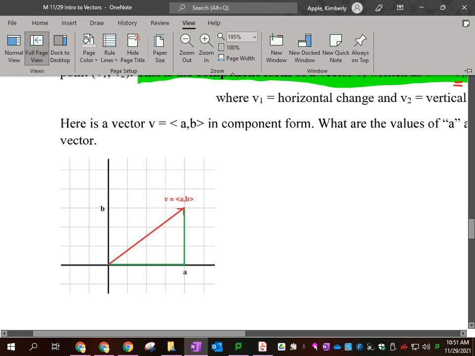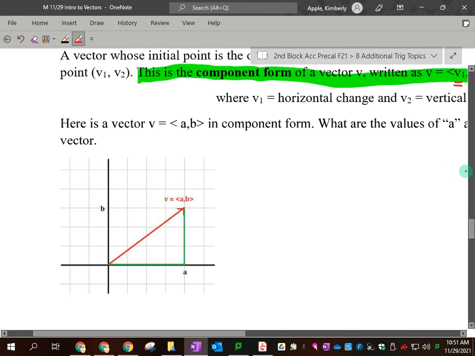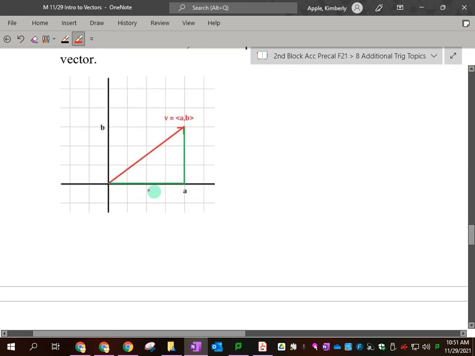So this is the vector <a, b>. Notice that for the horizontal change, you go over a units, right here, a. And then here you go up b units. So you can describe this as a vector in component form. Or if we count, a is equal to 4 and b is equal to 3, right? So we could also describe this vector as <4, 3>.